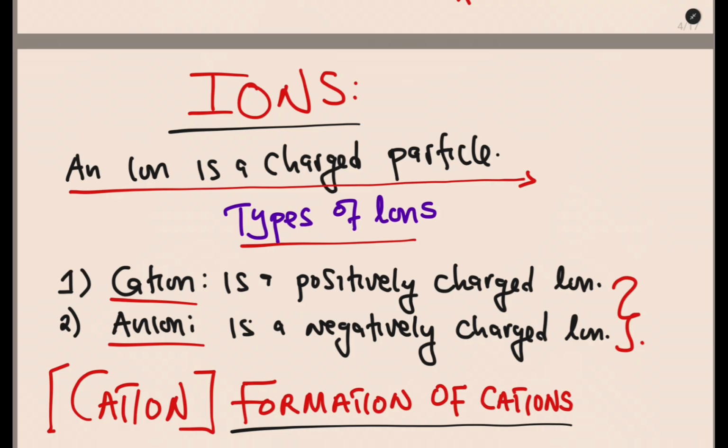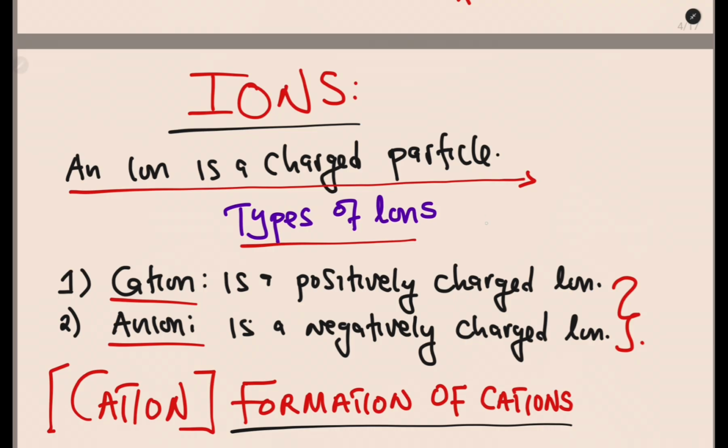In order to gain stability, atoms of an element can choose to lose or gain electrons. When an atom of an element loses electrons, it becomes positively charged, and therefore it is called a cation. When it gains electrons, it becomes negatively charged, and that is what we call an anion.